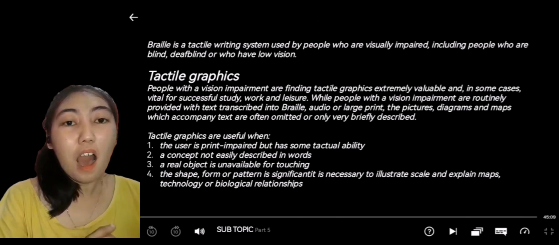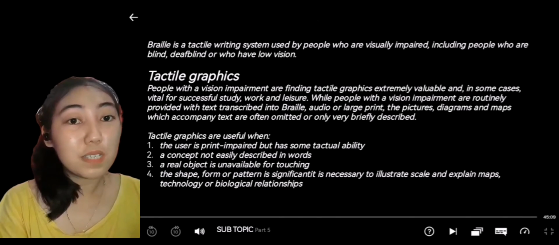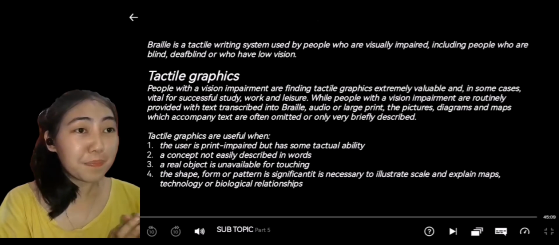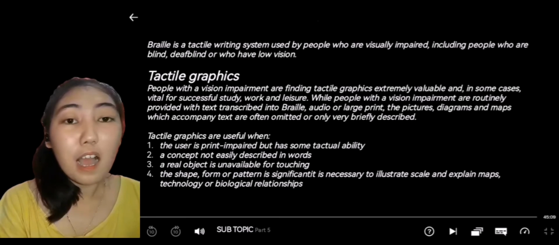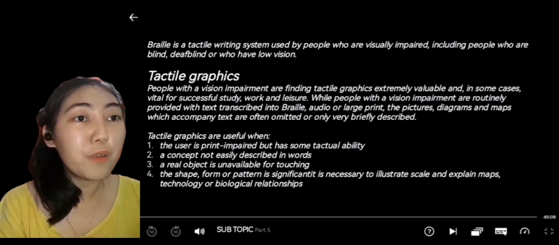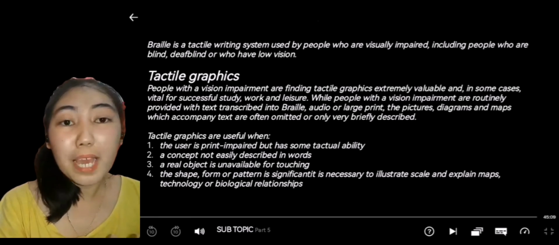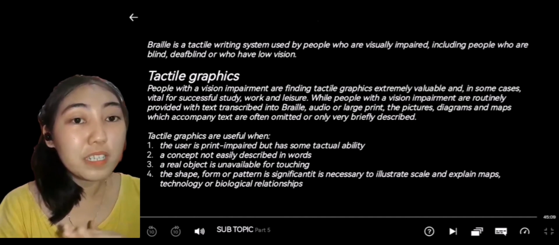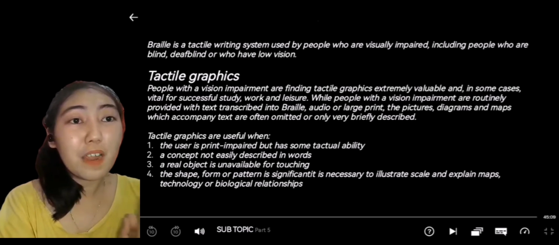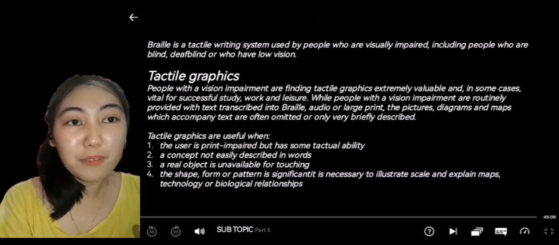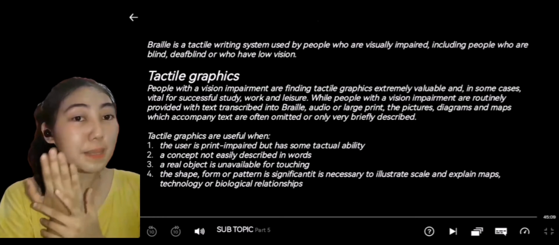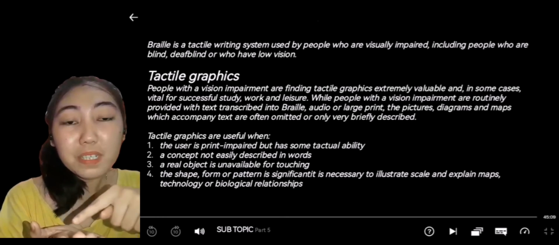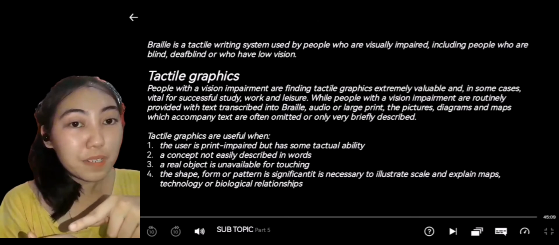Since they are robbed of the capability to see, the next thing they would do in order to know what a certain thing looks like is to feel or touch it. That is the very use of tactile graphics. For example, this is a flat surface and then there is a dot representation of a horse.